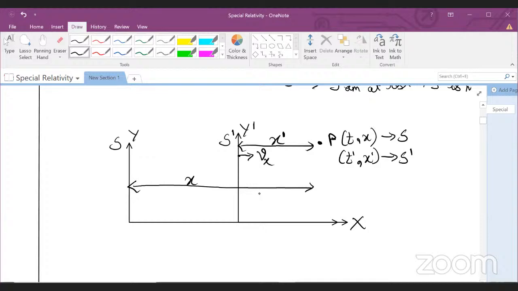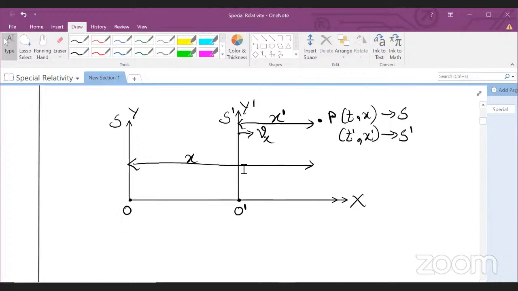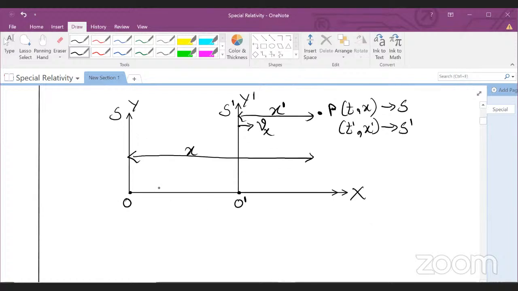Now, say this origin is O dash and this origin is O. What is the distance between O and O dash? Anyone? This distance is x minus x dash.